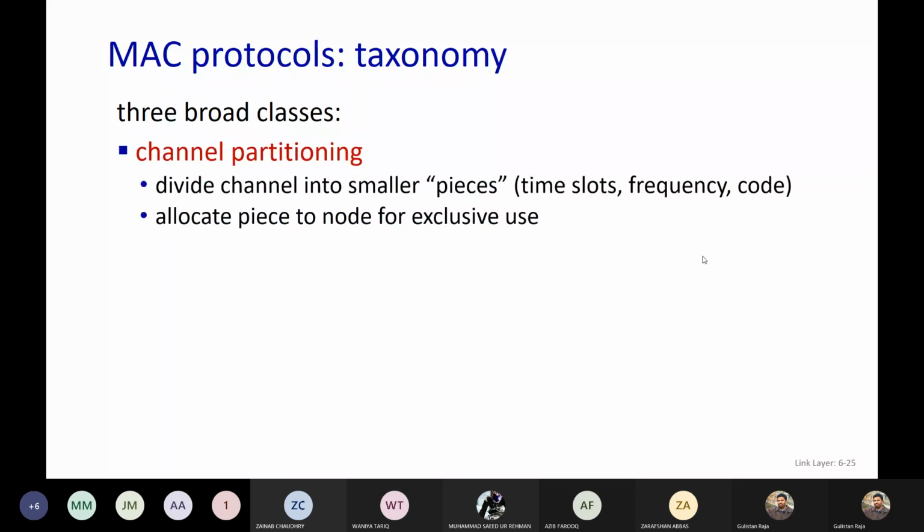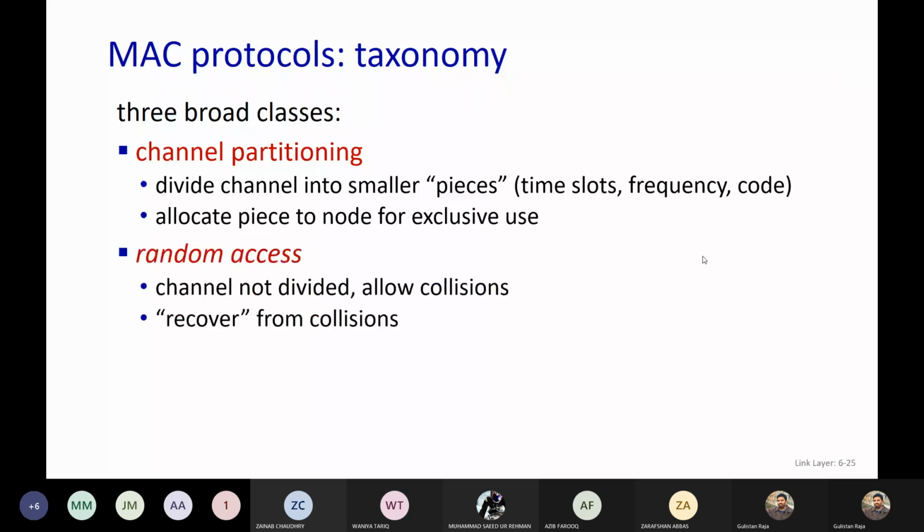The first class is known as channel partitioning, where we divide the channel into smaller pieces like time slots, frequency, or code, and allocate each piece to a node for exclusive use. When we divide it into time slots, frequencies or codes, we allocate every piece to a node for exclusive use. That time slot belongs to that node, and only that node can transmit in it. This is what we call channel partitioning.